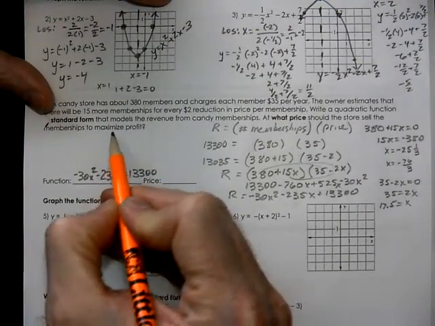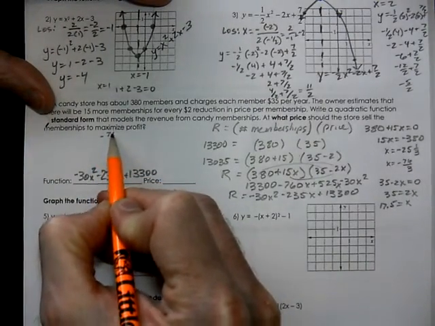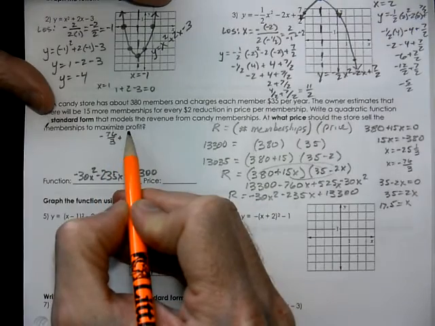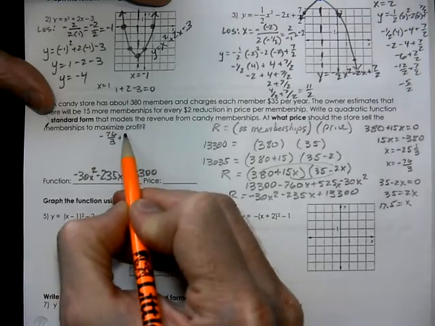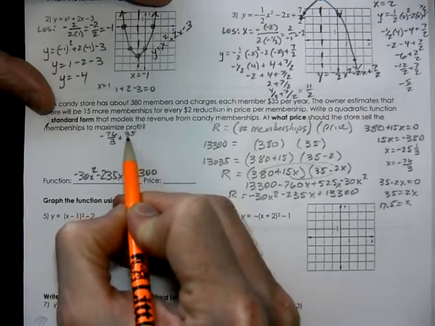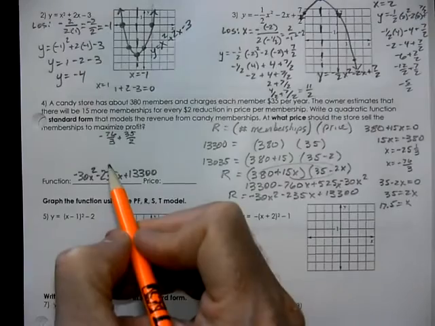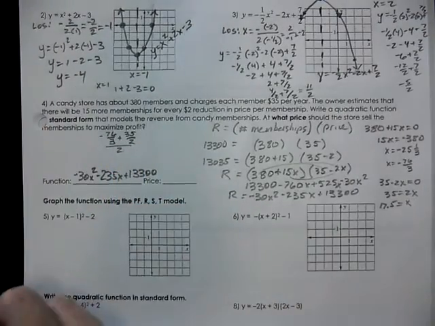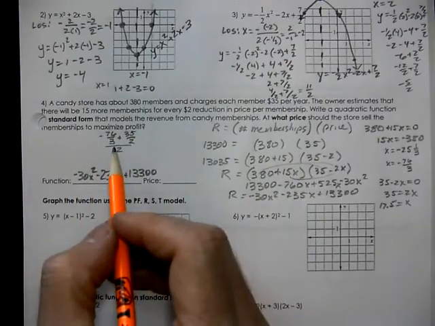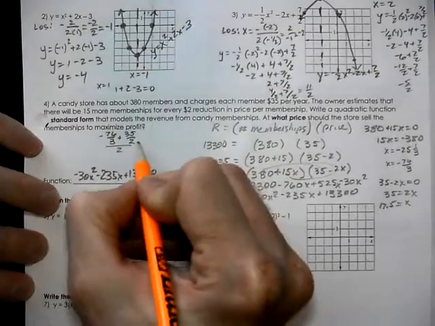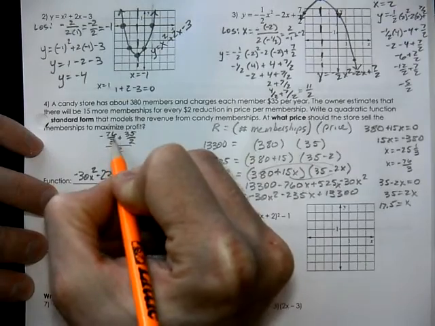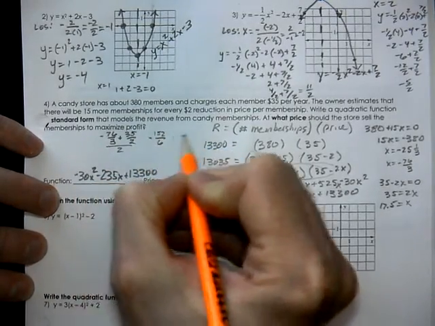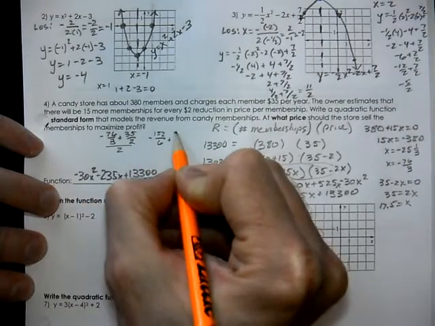See if I can get the exact numbers here. Negative 76 divided by 3 plus 35 divided by 2. That would be the 17.5, divided by 2. Looks like 6 would be our common denominator. So double that: 152 over 6.